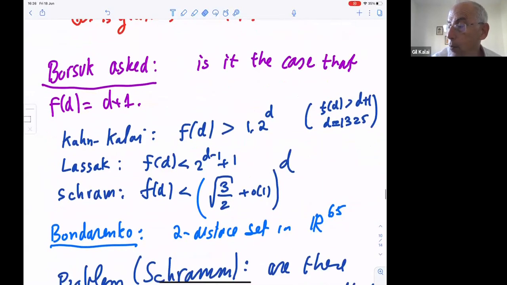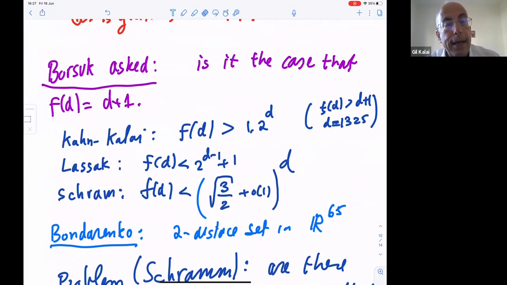And with Jeff Kahn, we proved that F of D is greater than 1.2 to the D. And we also show that F of D is greater than D plus 1 when D is equal to 1,325, and also for all dimensions greater than 2,000.